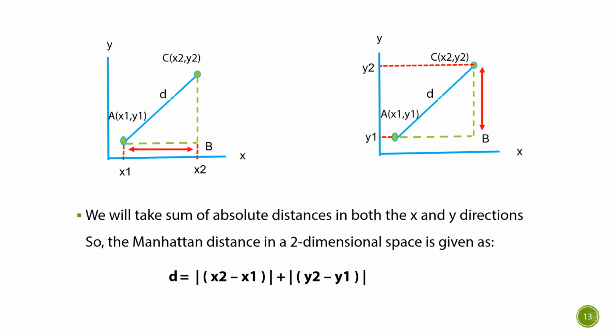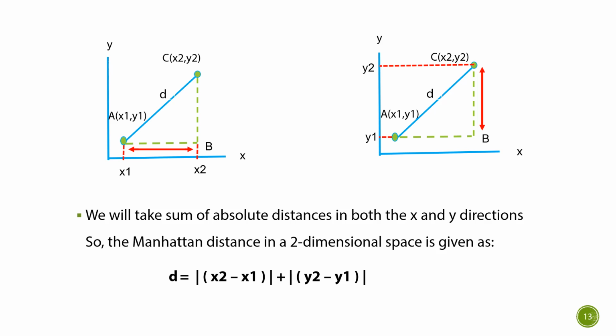We want to find the distance between A and B plus the distance between B and C. When we project these 2 points A and B on the x-axis, we find the distance as x2 minus x1, and we take its absolute value, plus the distance between B and C. When we project these 2 points on the y-axis, we get the distance between them as y2 minus y1, and we take the absolute of its value.